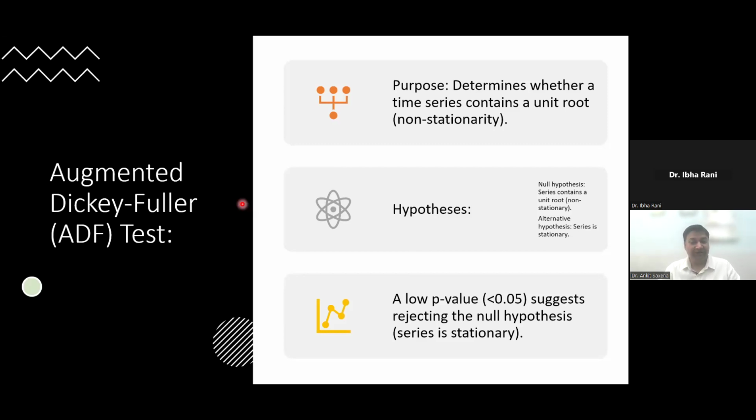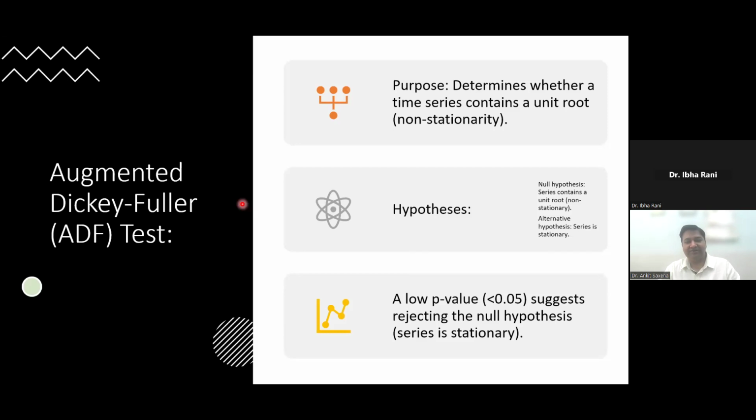The null hypothesis there, I repeat, was that the series we are evaluating contains a unit root, which means non-stationarity. Ideally, the rule of thumb is that we want this hypothesis to be rejected so that we can establish that our data is stationary in nature.